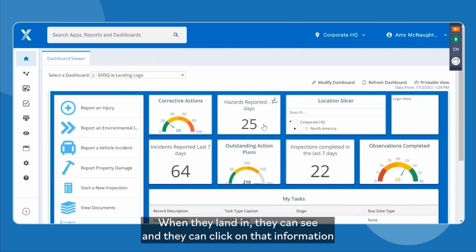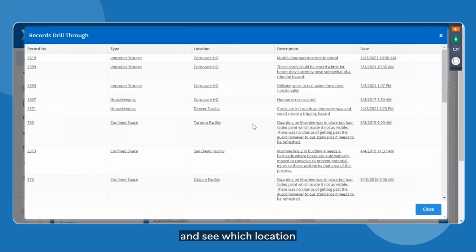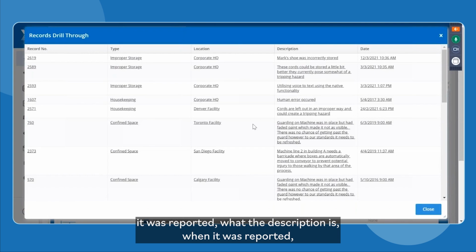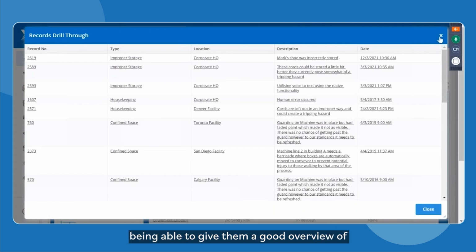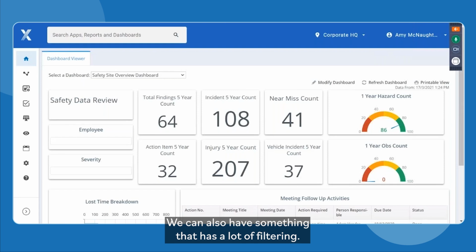When they land in, they can see and they can click on that information and see which location it was reported, what the description is, when it was reported, being able to give them a good overview of what is taking place. We can also have something that has a lot of filtering.